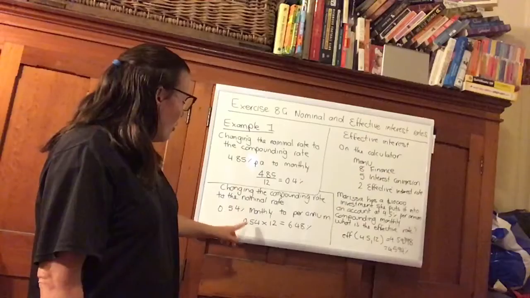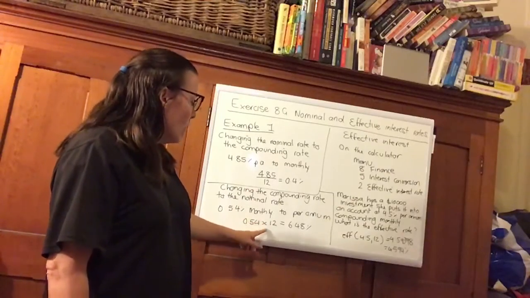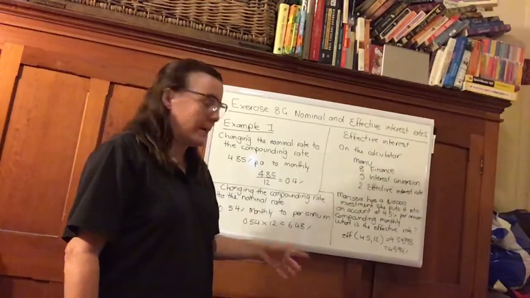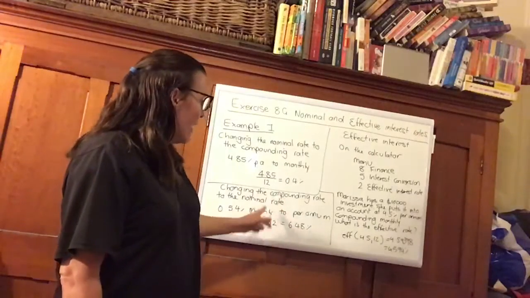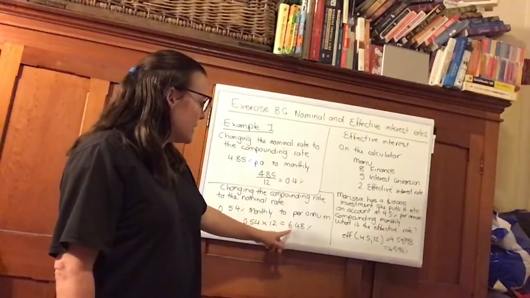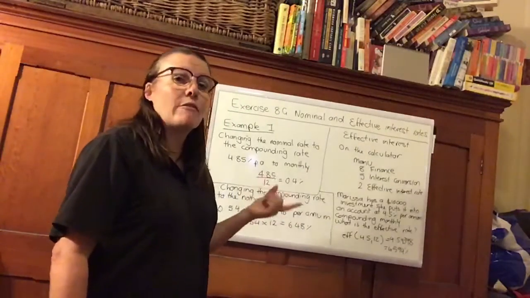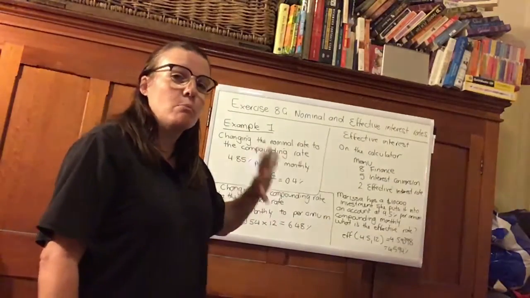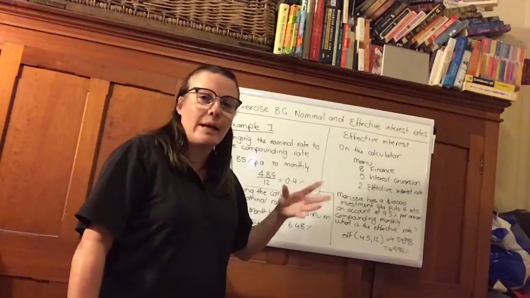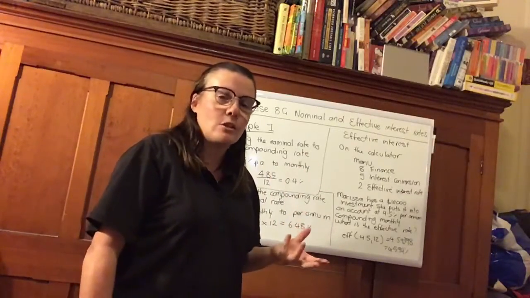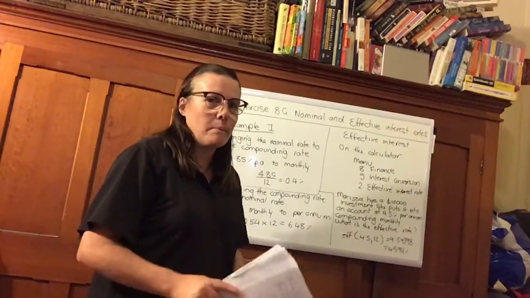So again, you would go 0.54 multiplied by 12 because there are 12 months in the year, and you would find that the per annum rate is 6.48%. So those are pretty straightforward calculations to be able to move from the compounding period rate to the nominal rate, or back the other way.